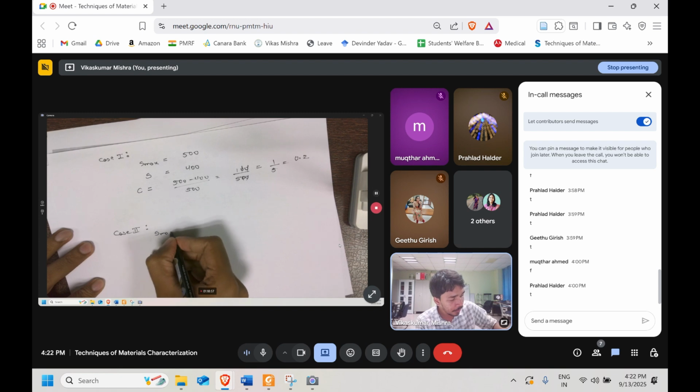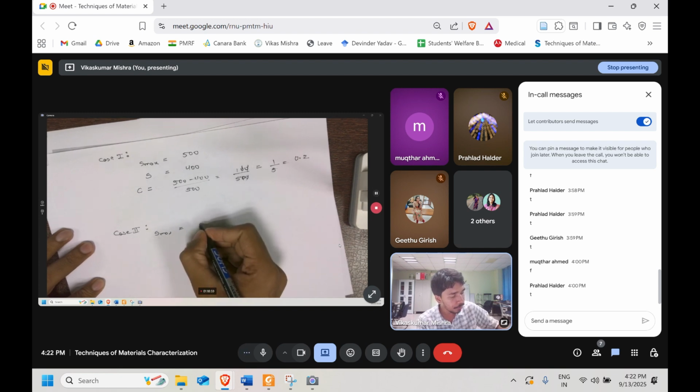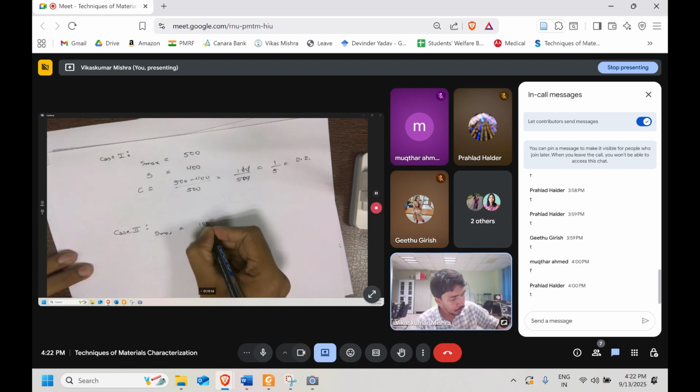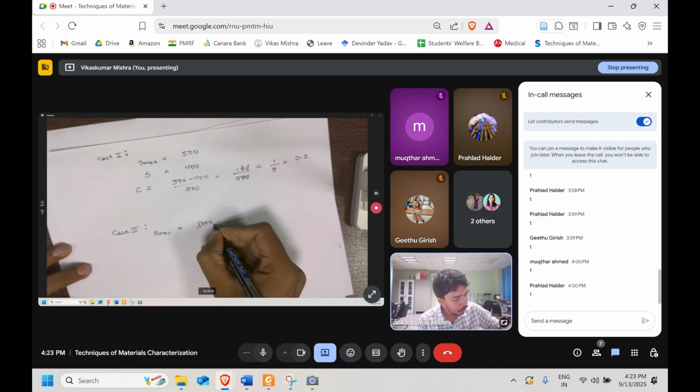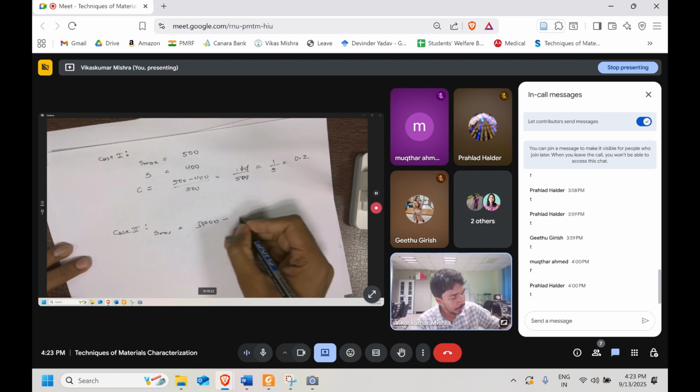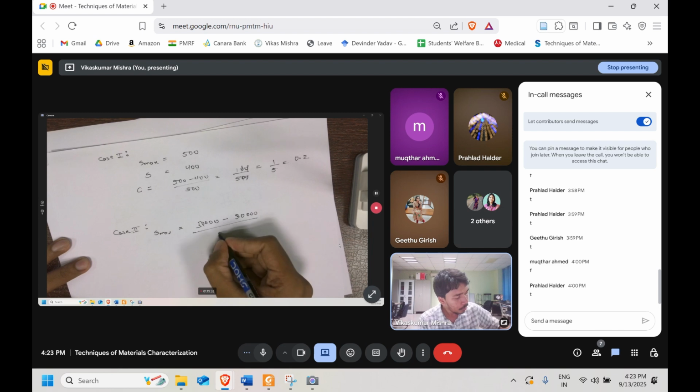Let's say S max is around 50,000 minus, let's say the value will be 30,000 divided by 50,000.